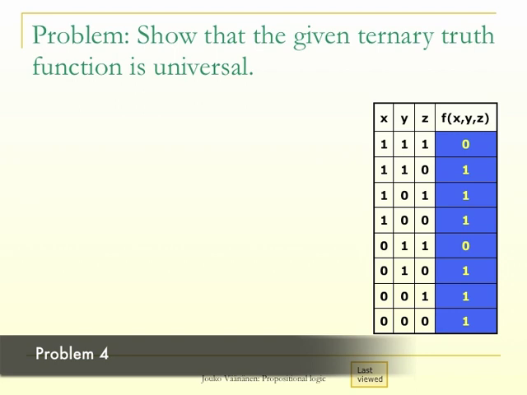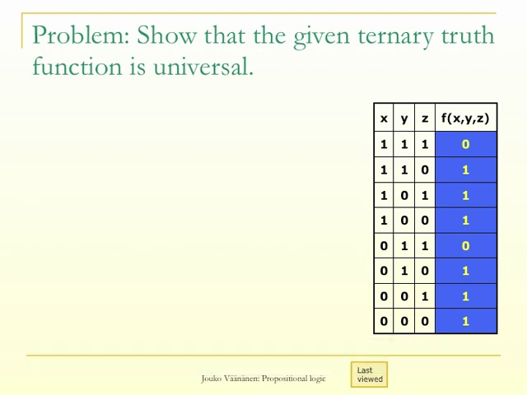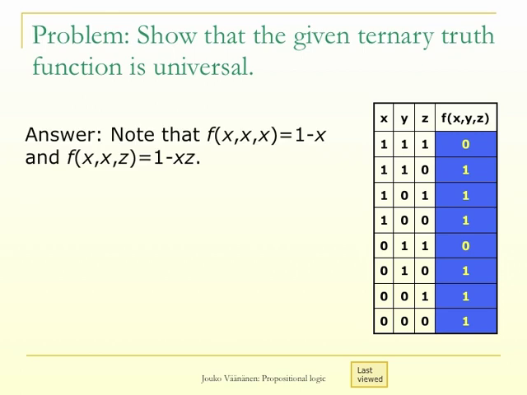Show that the ternary truth function is universal. Note that f of x, x, x equals 1 minus x, and f of x, x, z equals 1 minus xz.